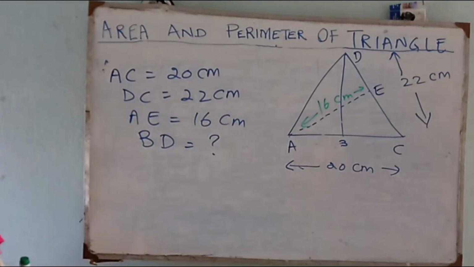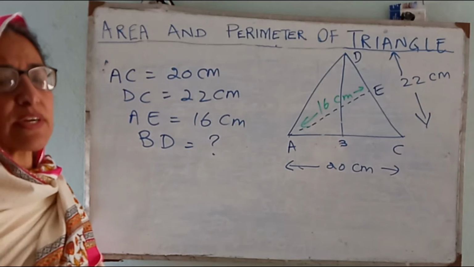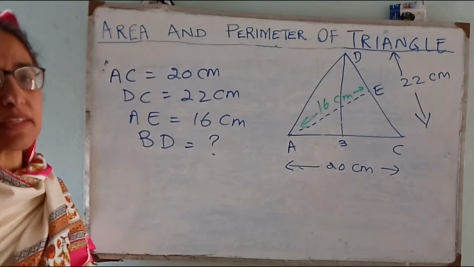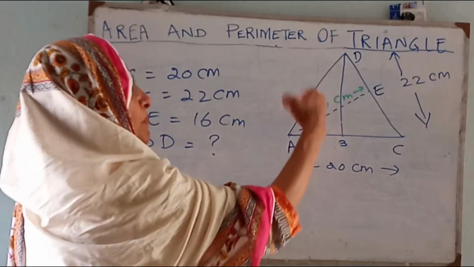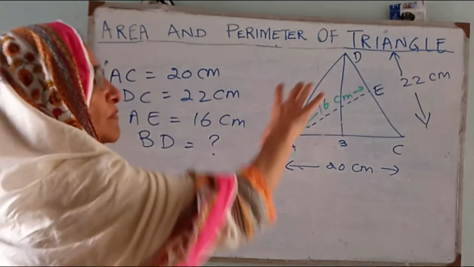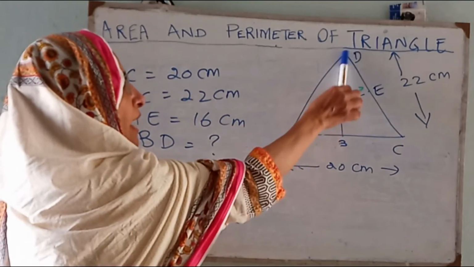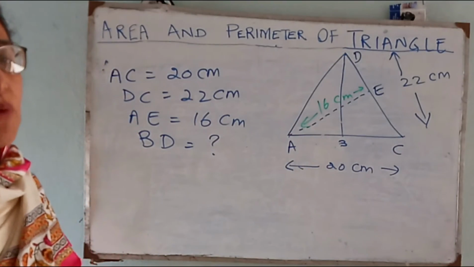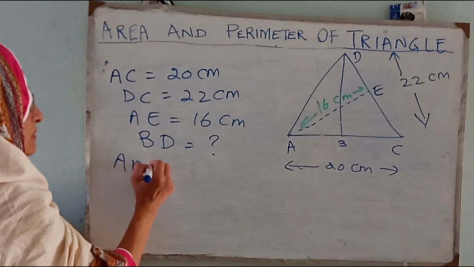We don't know the height of this. Up till now we have learned only 2 formulas for the triangle, the area and the perimeter. Perimeter is the sum of the outside boundary. In this case, this boundary is not given, so we cannot find this line which is inside and shows the height. So the formula which we are going to use will be the area of a triangle.